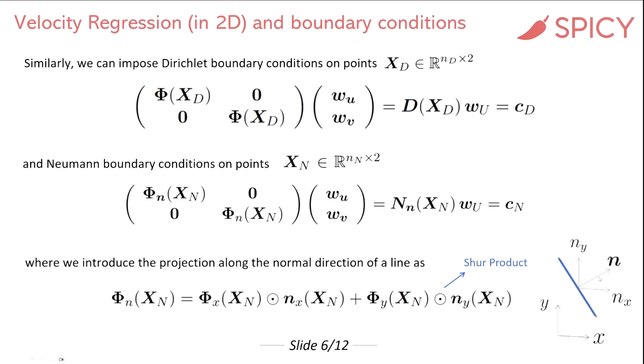What Spicy will ask for, in all the points where the Neumann conditions are introduced, is to have these vectors of the normal direction. Once we have these vectors along the relevant points, which we denote as xn, and we have nn of them, then the normal derivatives can be obtained, as I said, as a projection, and you can easily show that this can be written using the Schur product, the entry by entry product, of the components of the velocity gradients with the components along the normal directions.